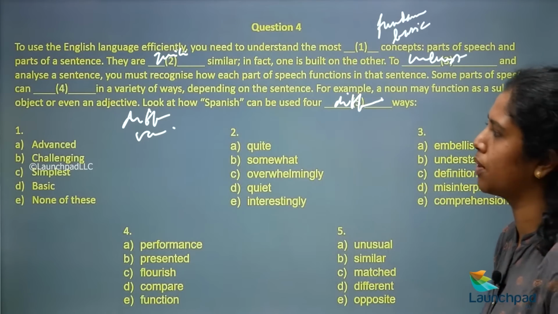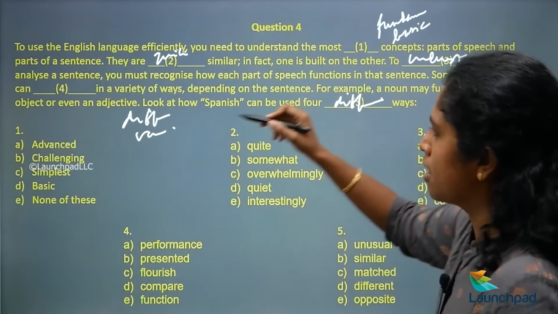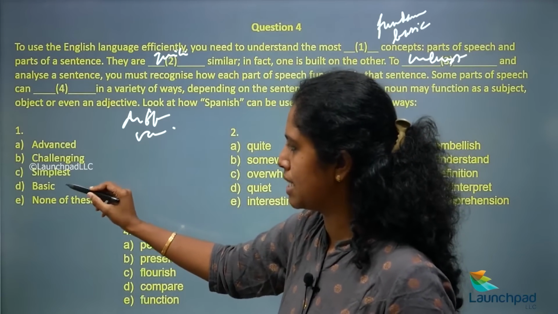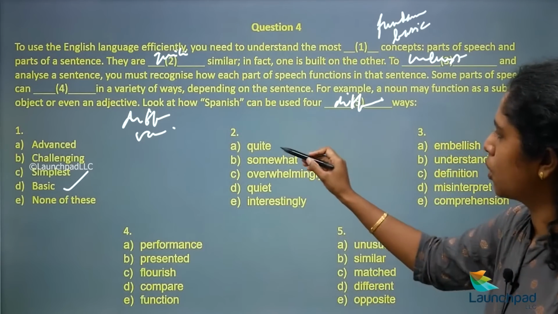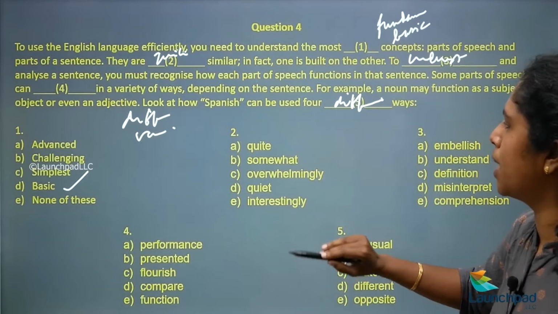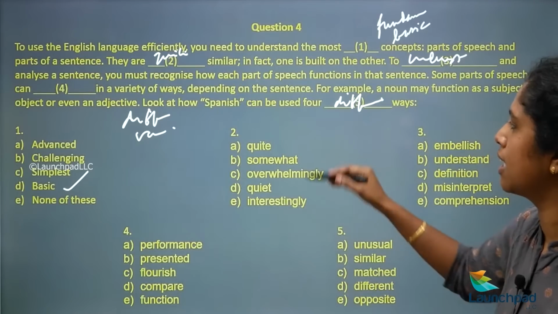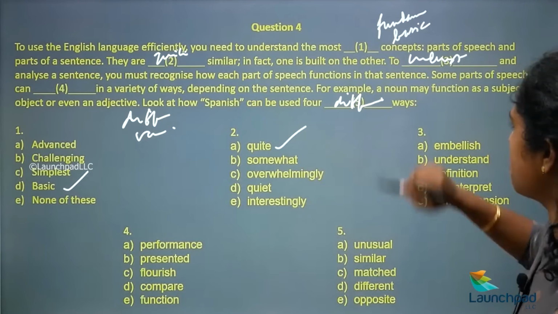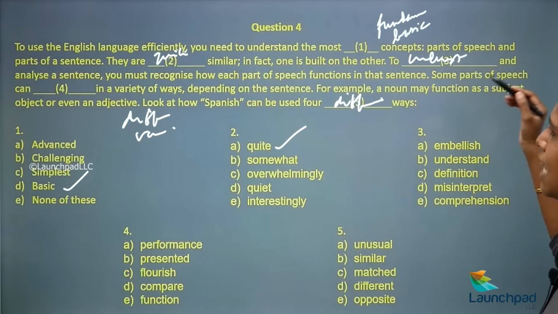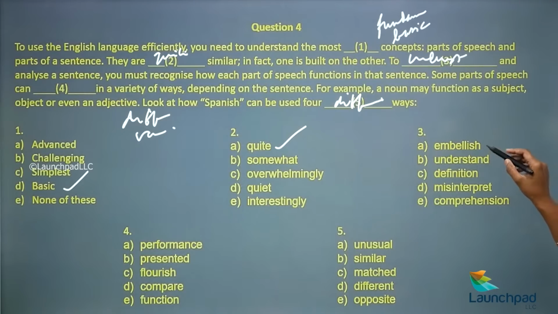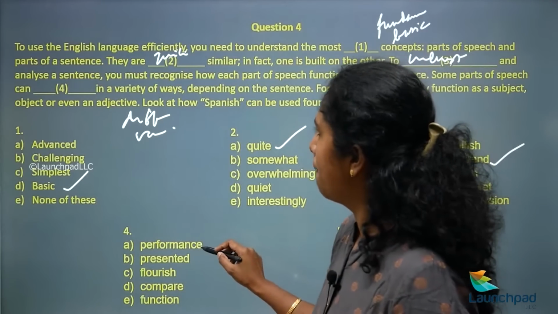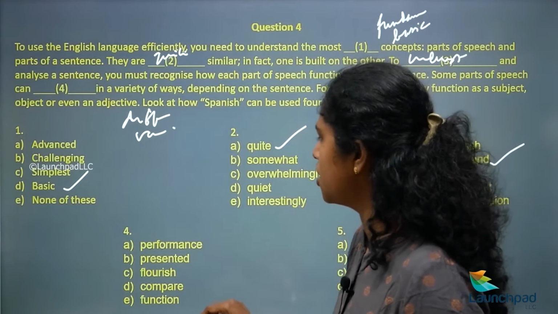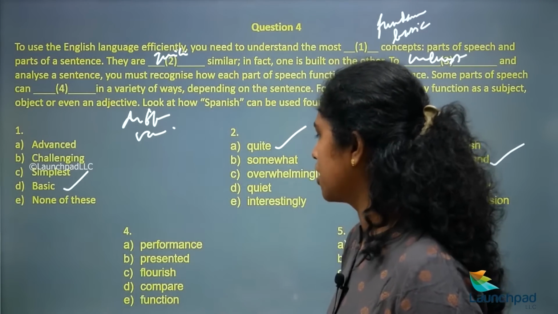Now let's look at that question. First: advanced, challenging, simplest, basic, none of these. So you have the option basic. Second: quite, somewhat, overwhelmingly, quiet, interestingly. So you thought it's quite. Next, to understand and analyze. So do you have the word understand? Yes, understand. Some parts of speech can dash: performance, presented, flourish, compare, function.